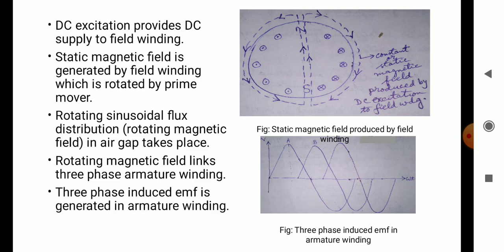This rotating sinusoidal flux density distribution, or magnetic field, when it cuts or links the three-phase armature winding which is displaced by 120 degrees in space, results in a three-phase induced EMF in the armature winding, and when the armature winding is connected to an electrical load, current flows in the armature winding.